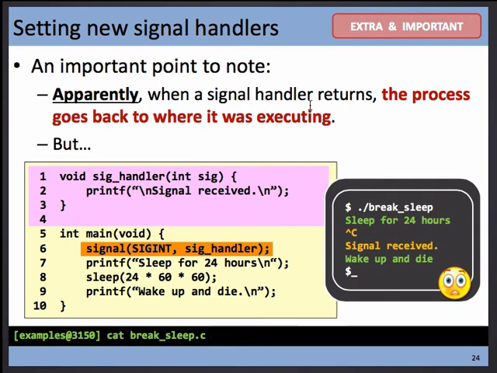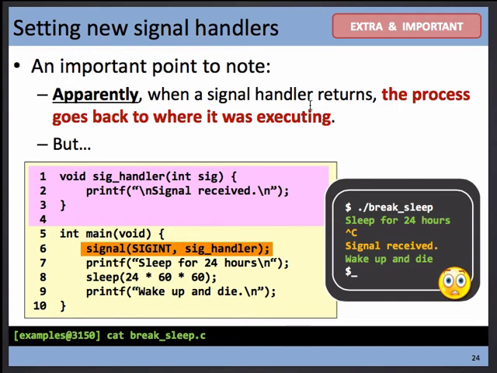I give you another example to contrast with the previous case. The previous case is that getchar will still be there serving you after the handling. Now here is another thing. What is this? Sleep for 24 hours. I want it. I didn't sleep well these days; I just slept for 4 hours today.